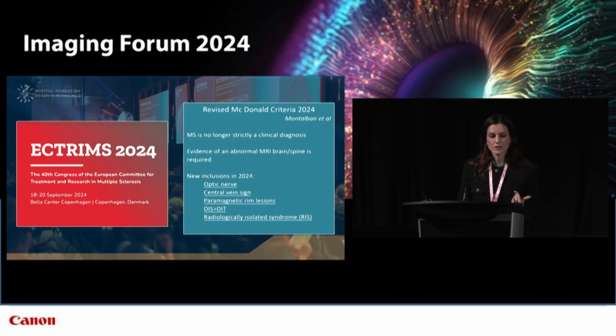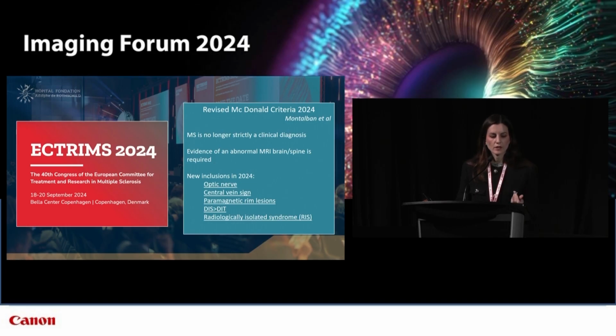MS is fitting to discuss because hot off the press from ECTRIMS in Copenhagen last month are the revised McDonald criteria. So there's lots of changes afoot. A diagnosis of MS is no longer strictly a clinical one and can be made on MR, and the optic nerve has also finally been included as a lesion location.